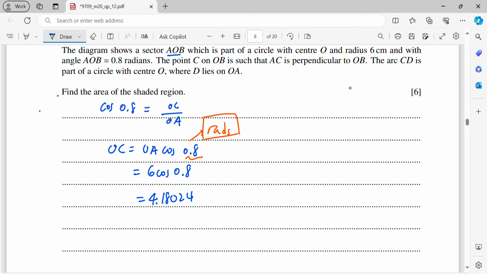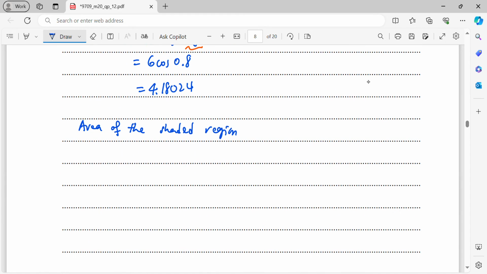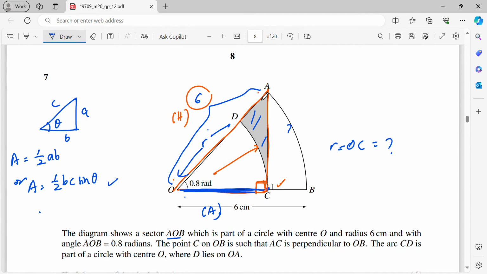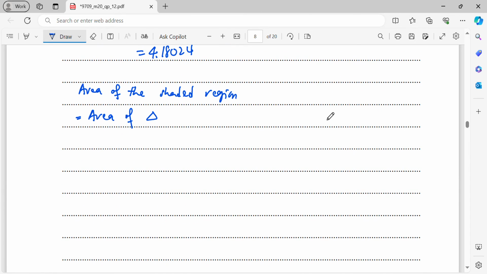Now I will write here: area of the shaded region equals area of triangle, the triangle is basically AOC, minus area of sector.